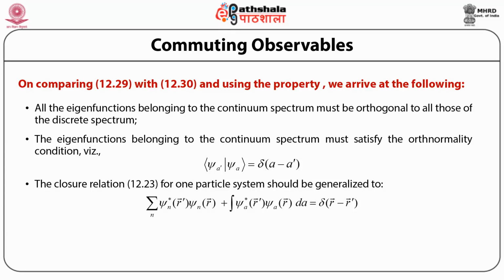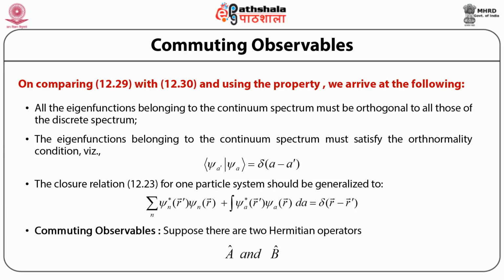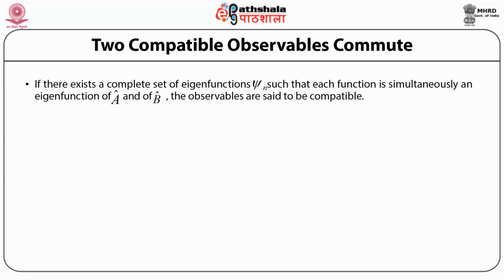Next we move on to commuting observables. Suppose that there are two Hermitian operators, operator A and operator B. If there exists a complete set of eigenfunctions psi n such that each function is simultaneously an eigenfunction of operator A and of operator B, the observables are said to be compatible.